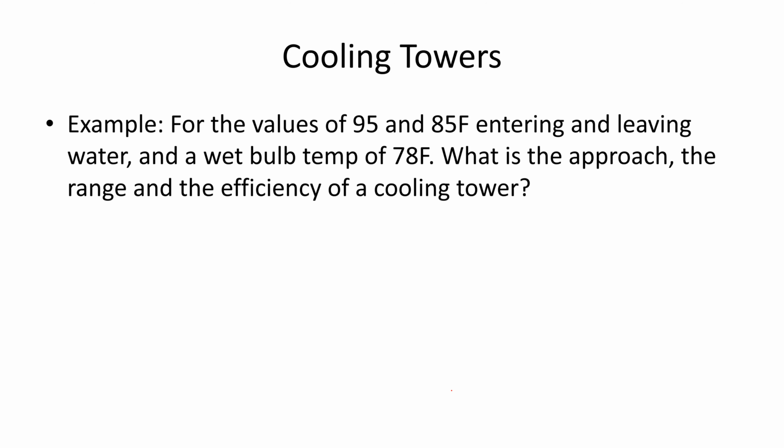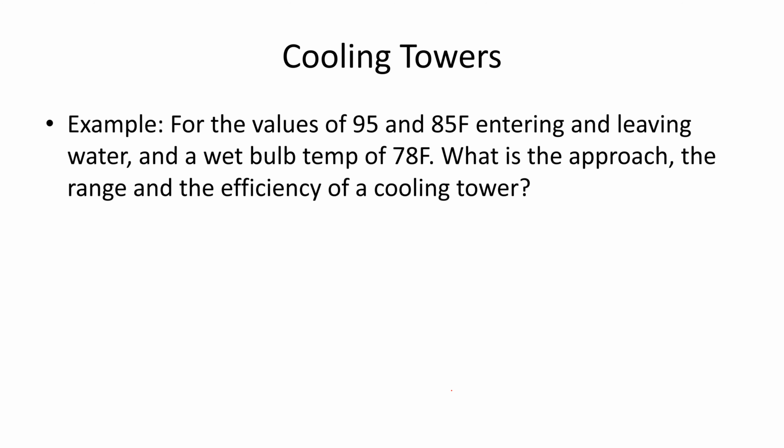For an example, we want to calculate for the values of 95 and 85 as my entering and leaving water temperatures and a wet bulb temperature of 78. I want to figure out what the approach is, what the range is, and what the efficiency of the cooling tower is.